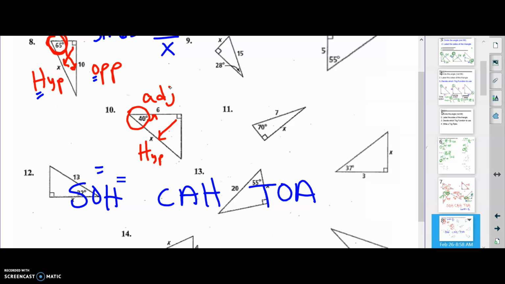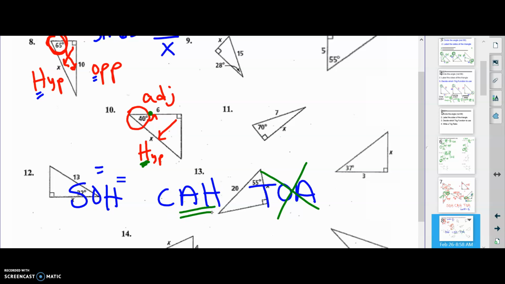Now we're deciding which one we are using: SOH, CAH, or TOA? I have the H on the hypotenuse, so TOA is out, because TOA doesn't use the hypotenuse. And I also know the adjacent. Sine uses opposite, cosine uses the adjacent, so this is the one I'm going to use.